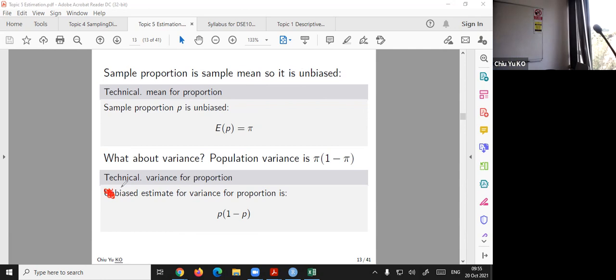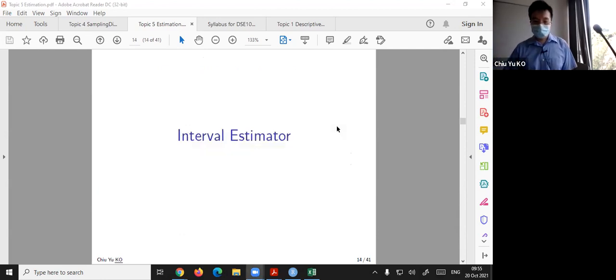Next, we know how to estimate the population mean, population variance, population proportion, and variance of the population proportion. You know all four of them.